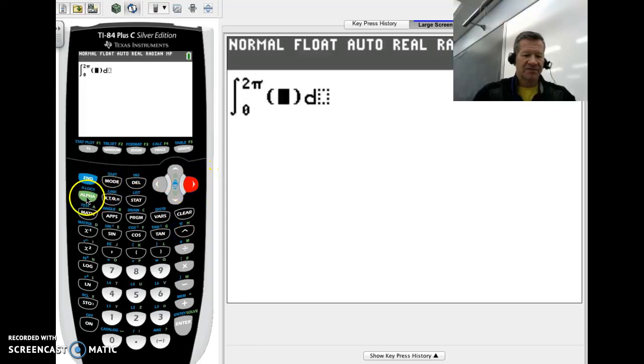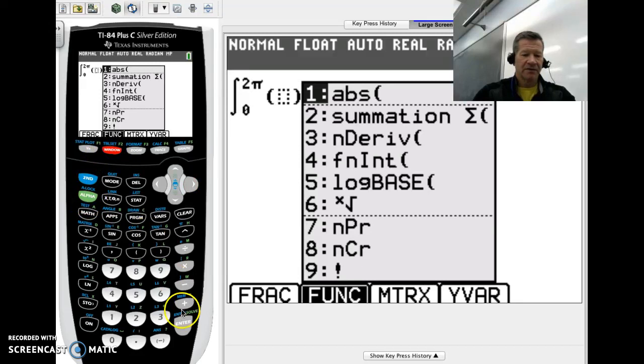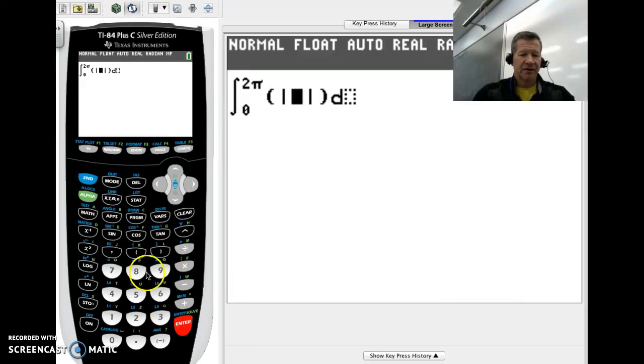And then let's get our absolute value. So I can go in alpha window, there's number 1, absolute value of, and then put in the function 4 sine x, close the parentheses, cosine x, close the parentheses, with respect to x, and bam.